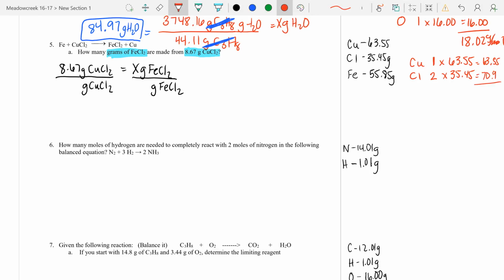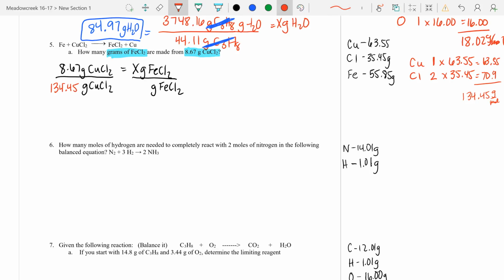And when I add them together, I get 134.45 grams per mole. Okay. Now this number is going to go right beside my copper chloride in my problem.